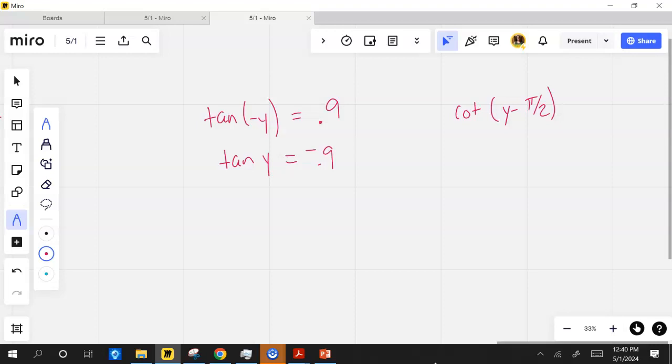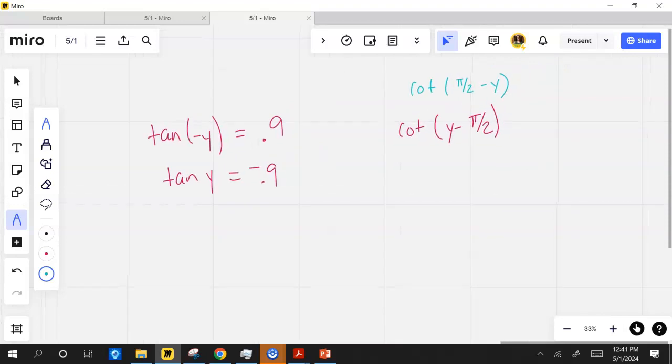Y is your variable here, but look at the way you have cotangent of pi over 2 minus y, right? That's what the identity is. The identity is this equals tangent theta.